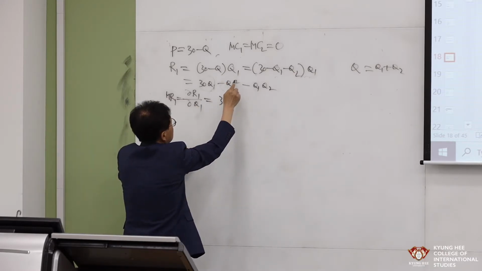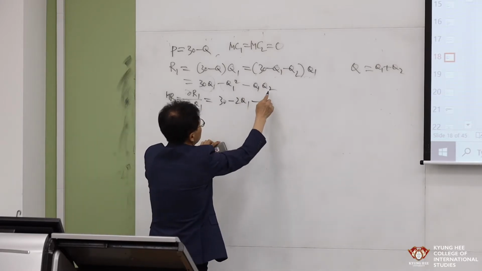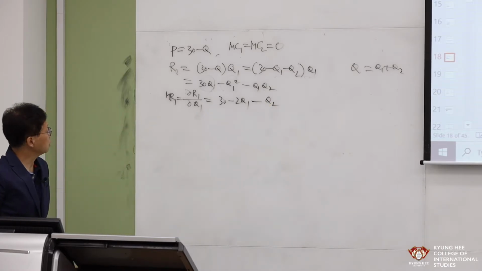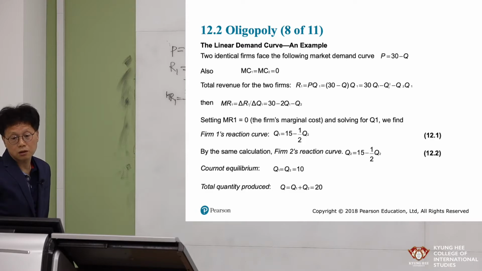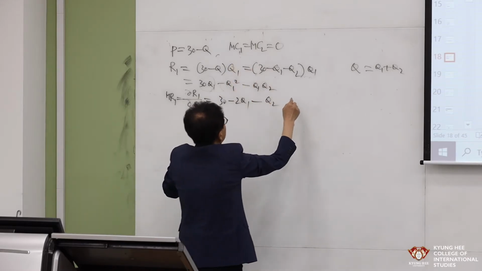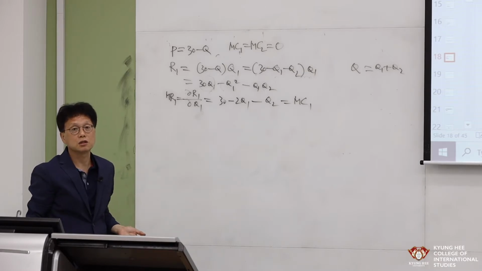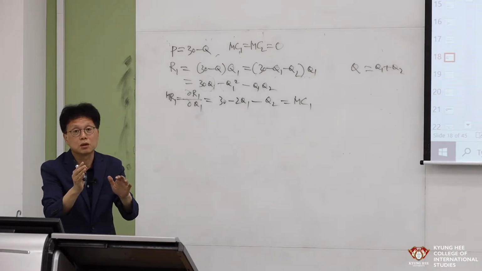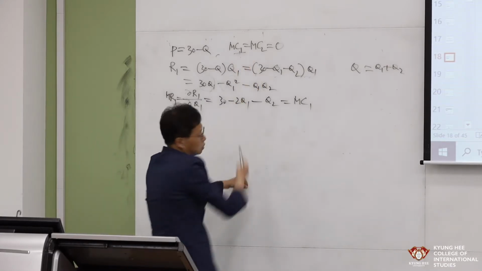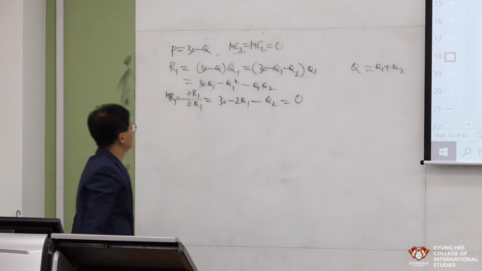Here, minus 2Q1. Okay? And Q2 is just a constant, so only minus Q2 is left. That is marginal revenue of firm 1. Right? And we know marginal cost 1. This should be equal to marginal cost 1. That is the profit maximization condition, isn't it? Marginal revenue equals marginal cost. Okay? And earlier assumption is that marginal cost of Q1 is equal to 0.